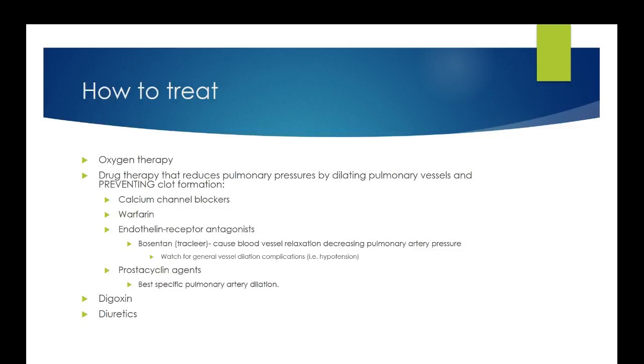So we have to watch out for hypotension, or low blood pressure. The other pharmacological category to treat this, and a more specific category, is prostacyclin agents. And these are the best for specific pulmonary arterial dilation. Now there are certain medications, as we come to learn, that work on specific regions, and this prostacyclin agent is specifically for pulmonary artery dilation.